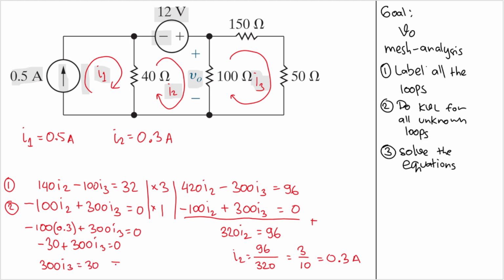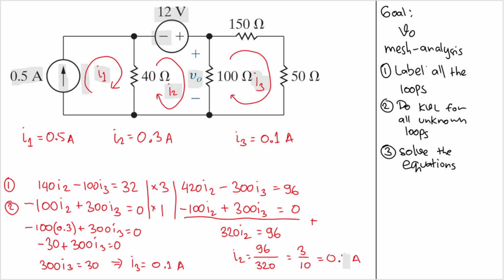And so we will have I3 here. Let's divide both sides by 300. We will have I3 is equal to 0.1. Yeah, 0.1. 0.1 ampere. Okay, so now we have I3 is equal to 0.1 ampere.